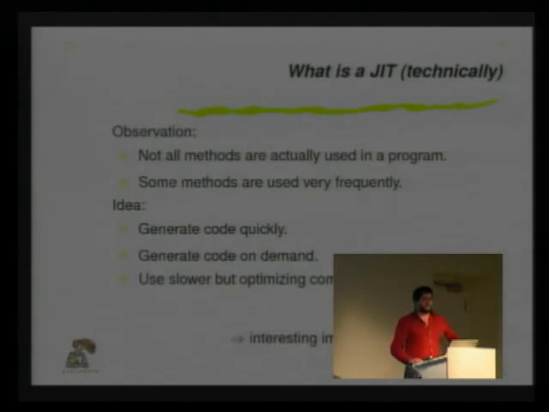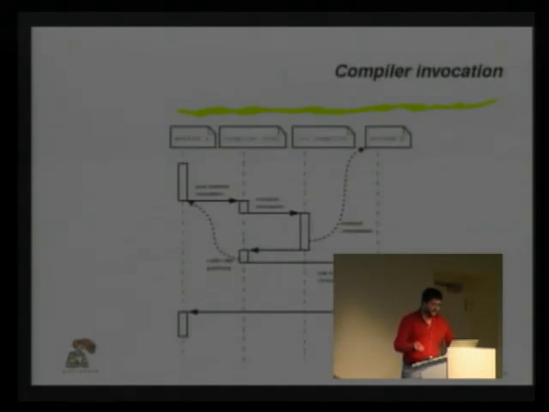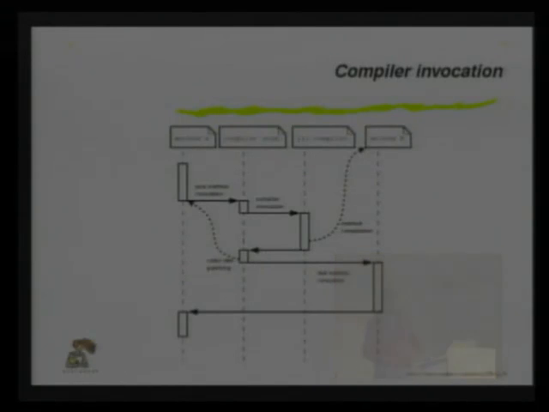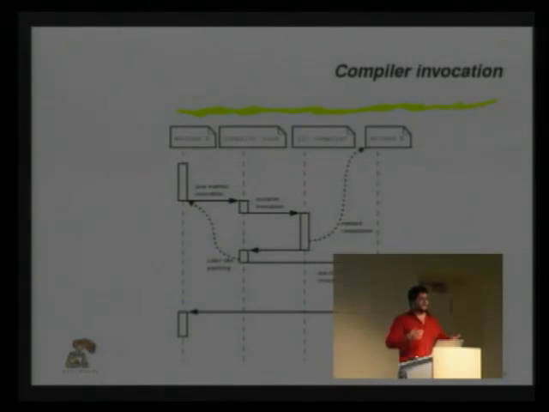As you can imagine, there are some interesting implementation techniques necessary to implement a just-in-time compiler. One thing which is rather interesting is when the compiler kicks in. Look at the diagram and assume method A is already compiled. This method A will then invoke a method B, and a normal Java method invocation happens, which basically says branch to some address where this method is.